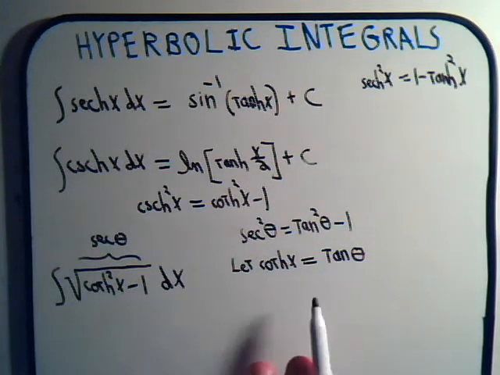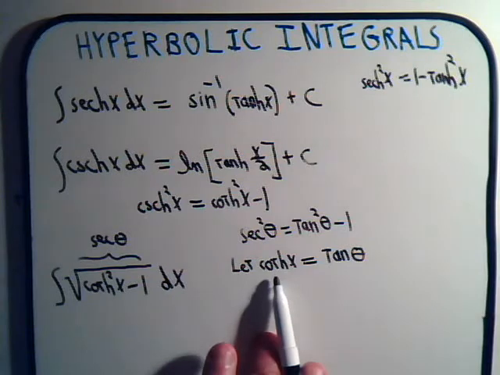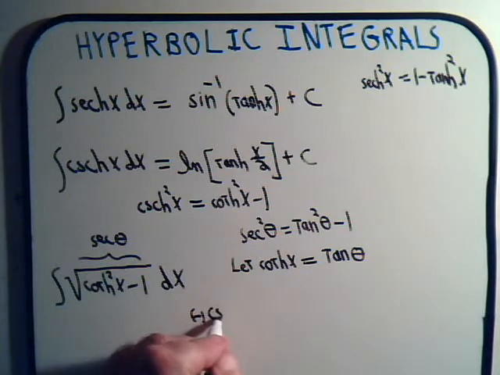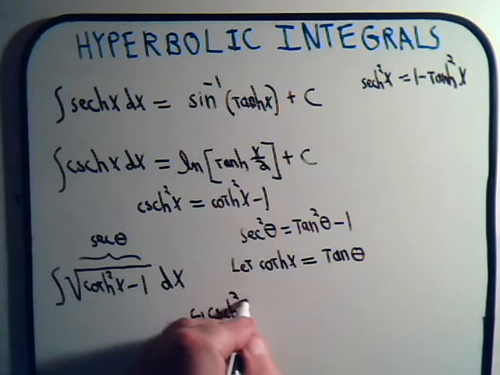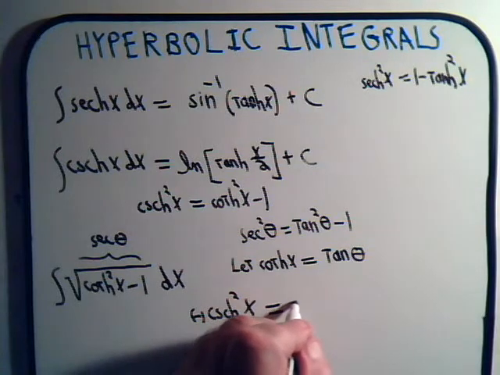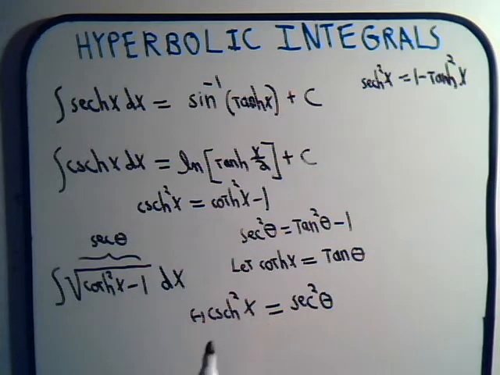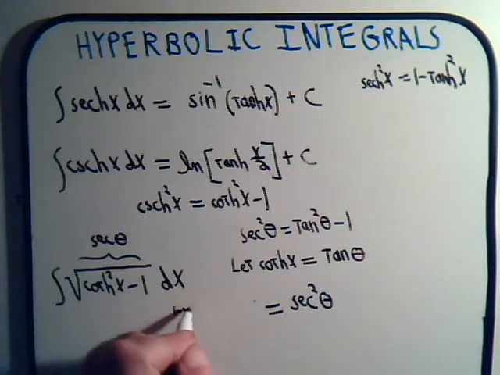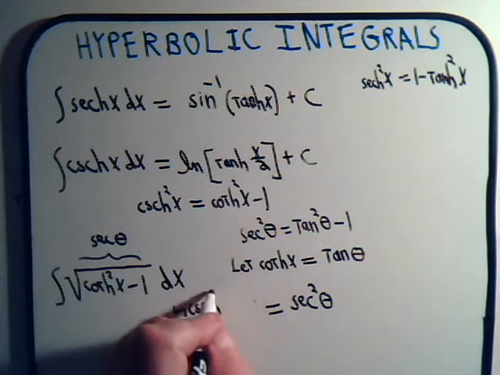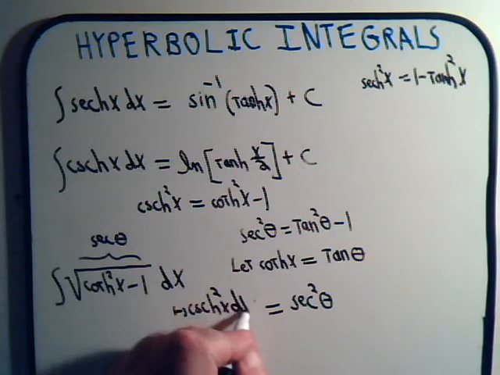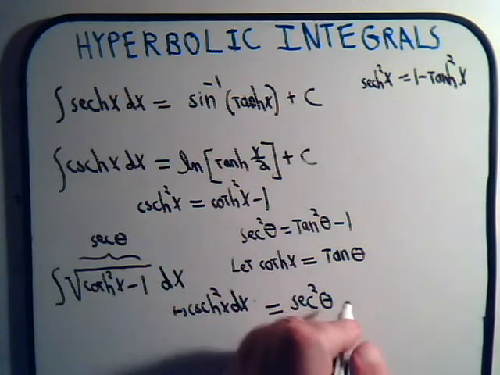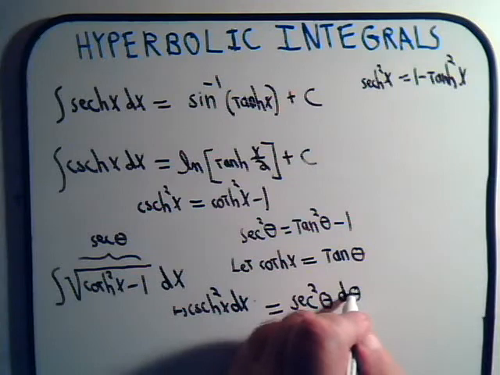What about dx? Now we have to take our differentials. Here we're going to have minus the hyperbolic cosecant squared of x dx, that's the differential of the hyperbolic cotangent, and that would be equal to the secant squared of theta d theta.